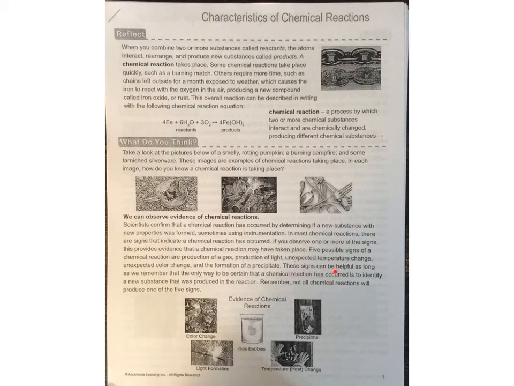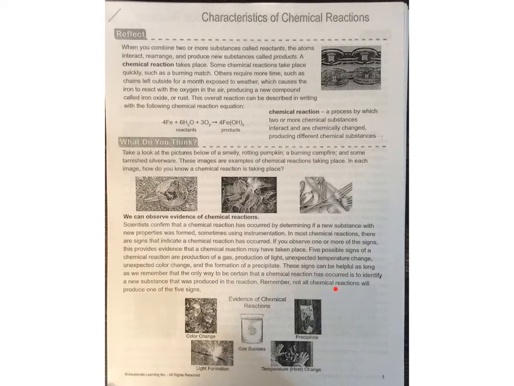These signs can be helpful as long as we remember that the only way to be certain that a chemical reaction has occurred is to identify a new substance that was produced in the reaction.